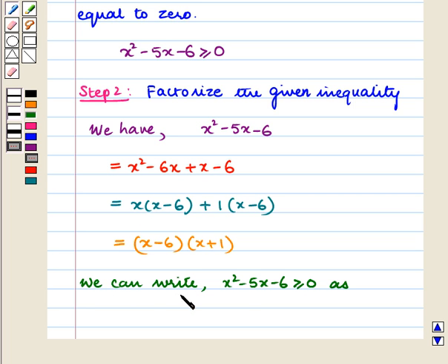So we can write x squared minus 5x minus 6 greater than or equal to 0 as x minus 6 into x plus 1 greater than or equal to 0.